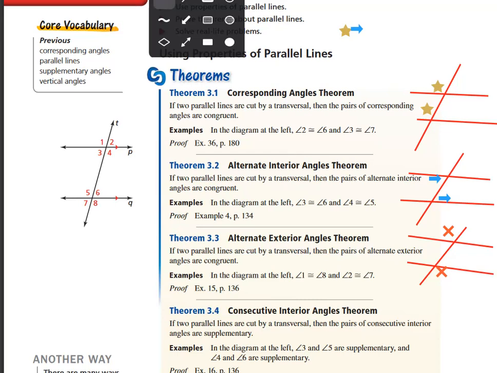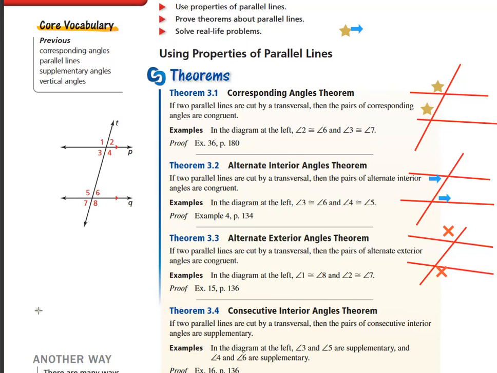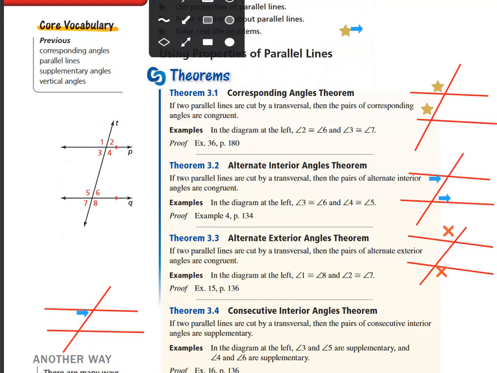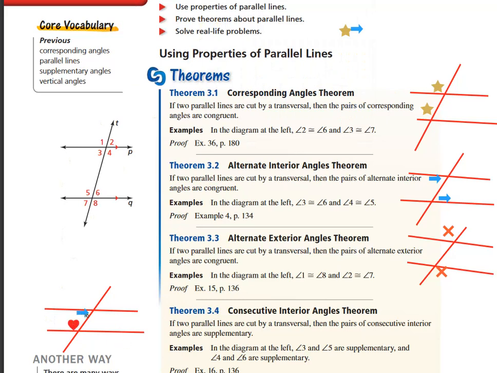Then the last one is a little different, consecutive interior angles. Consecutive interior angles, I'm going to use 2 different symbols for. So this angle and this angle, those are consecutive interiors, so 3 and 5 and 4 and 6.